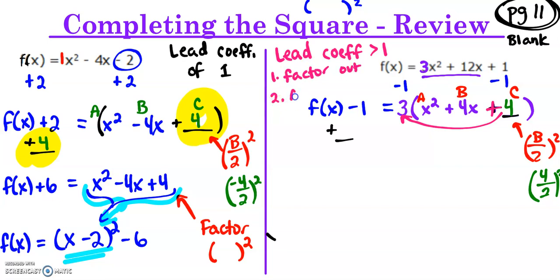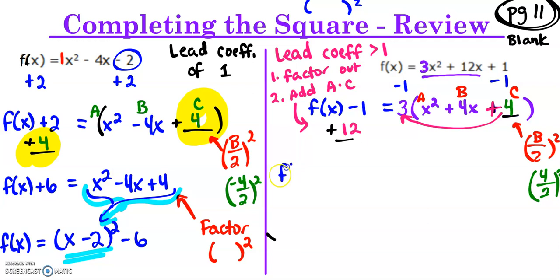And remember that when you add on this side, you're adding a times c, meaning you're taking this a value of your original problem, multiplying it by your new c value. So really we're adding 12 to that left-hand side.